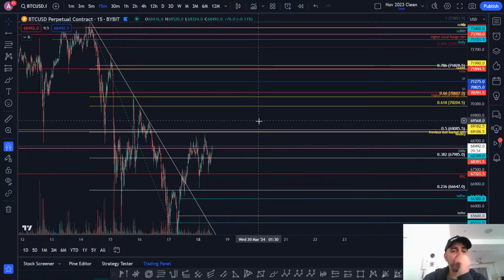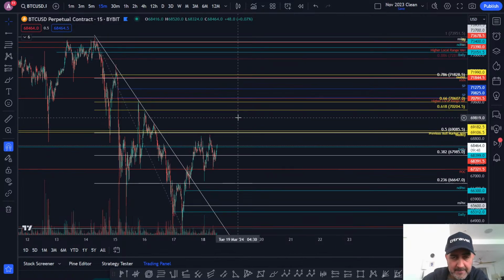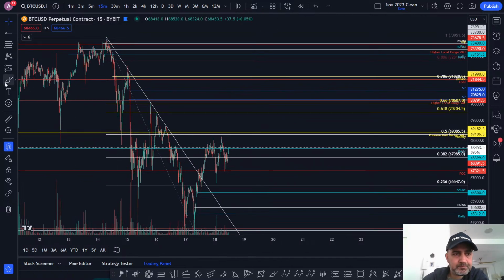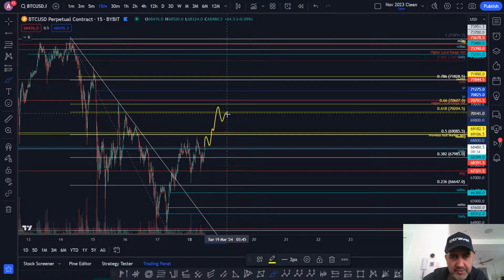I mean, there is a lot of resistance on the way up. So let's not pretend that there's no resistance. There's no straight path up. We're going to be laddering up, if we do go up, potentially.